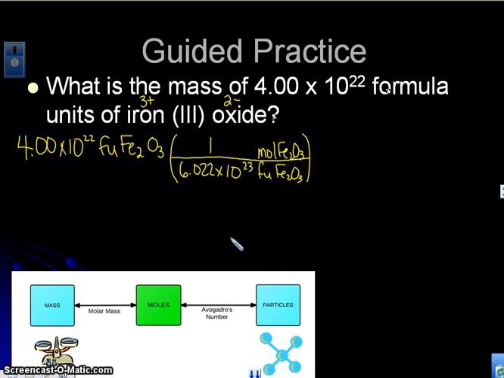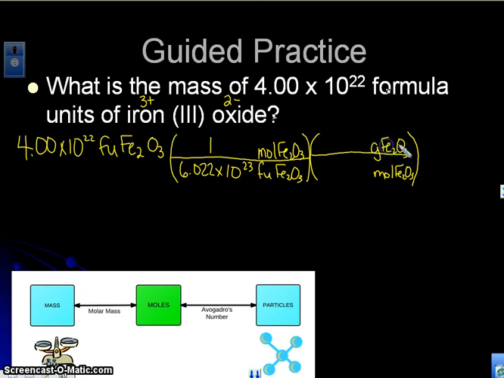Now we have moles, and we need to convert from moles to mass. In order to do that, we need to use our molar mass. So we're going to have to calculate our molar mass of Fe2O3. We're going to need moles of Fe2O3 on the bottom to cancel, and then we're going to need grams of Fe2O3 on the top.